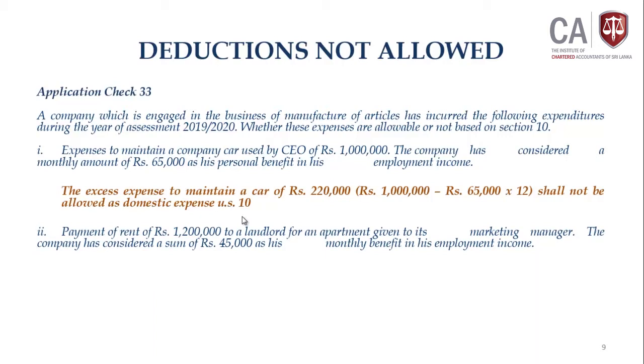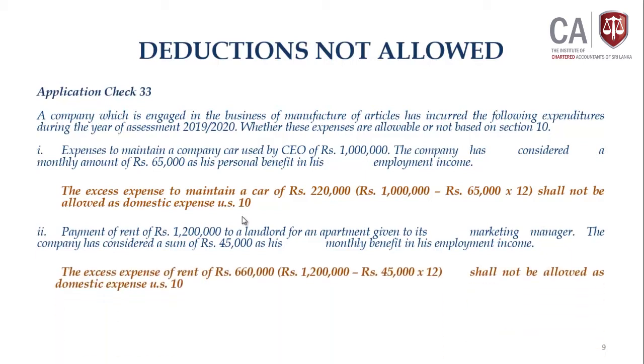Payment of rent 1,200,000 to a landlord for an apartment given to a marketing director or marketing manager. The company has considered a sum of 45,000 per month as a benefit from employment income. The same rule will apply.